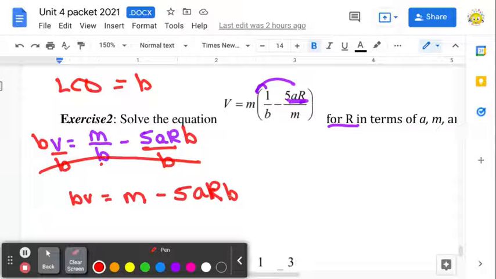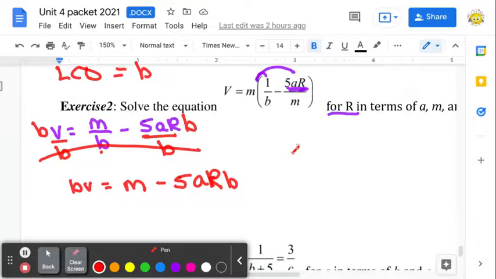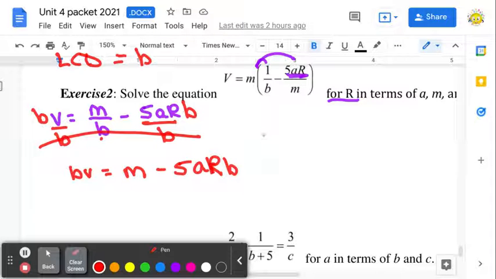So we want to get R by itself. I'm going to subtract this M term. So BV minus M equals negative 5ARB.